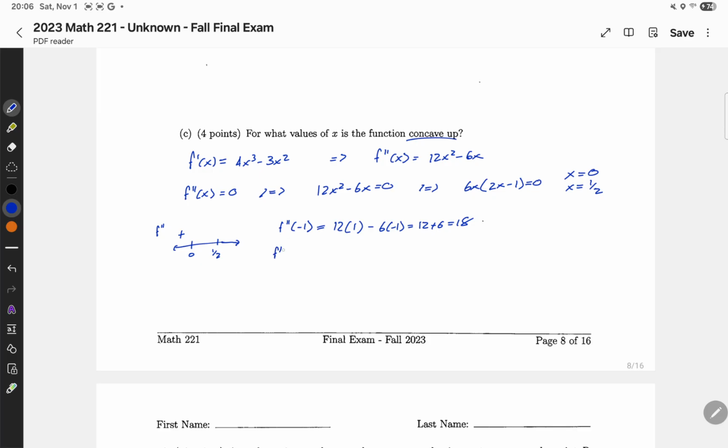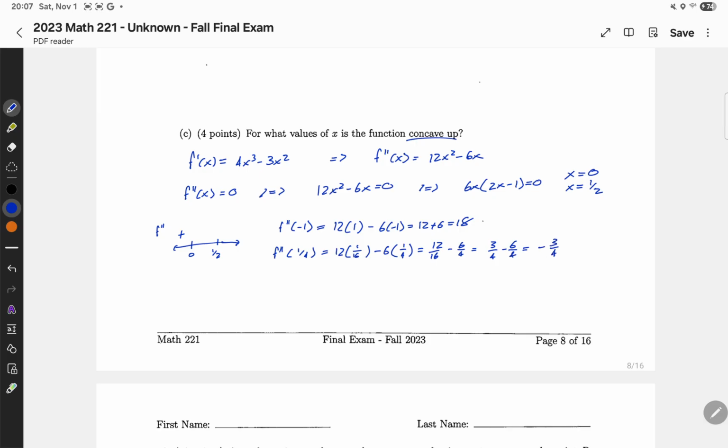Then we have f double prime of, we're going to need a number between 0 and 1/2, so we'll have to use 1/4. This is equal to 12 times 1/4 squared, which is 12 over 16, minus 6 times 1/4. This is equal to 12 over 16 minus 6 over 4, which is 3 over 4 minus 6 over 4, which is negative 3/4.